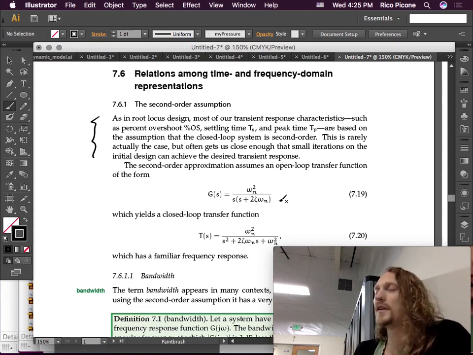But they do usually get us in the ballpark enough that we can iterate using simulation at the end. And that's, I would say, my recommended way of going about doing controller design.